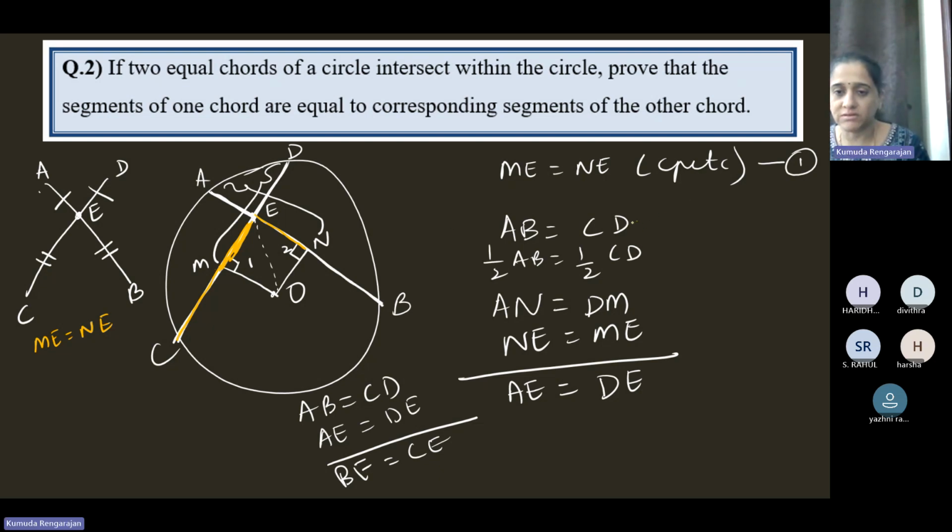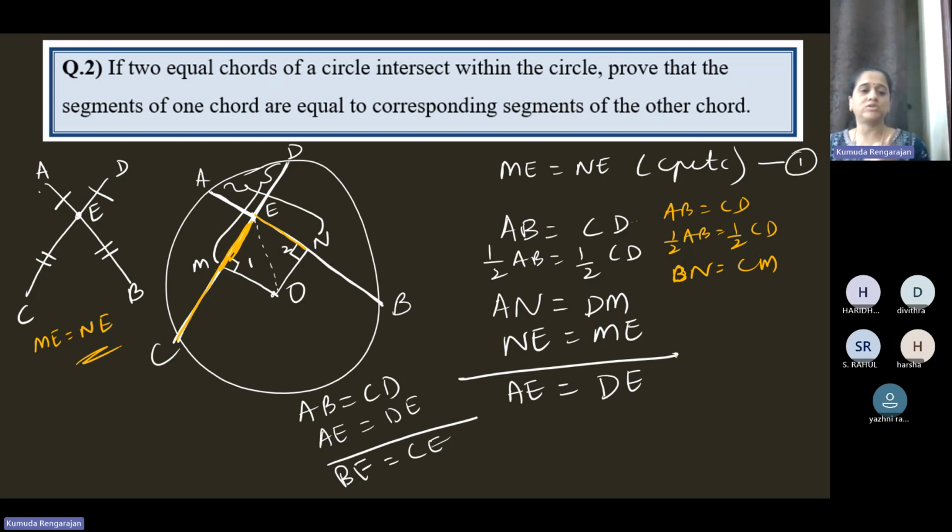Now below this, AB is equal to CD, so half AB is equal to half CD. For half AB, you write BN, and for half of CD, you write CM. Now write the CPCT result below it.